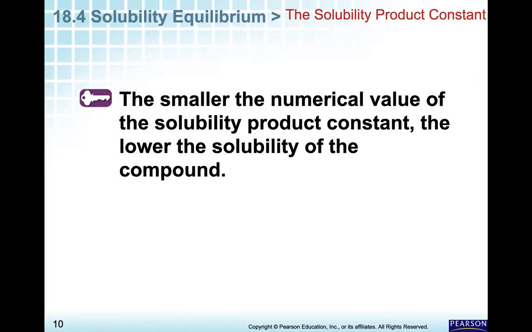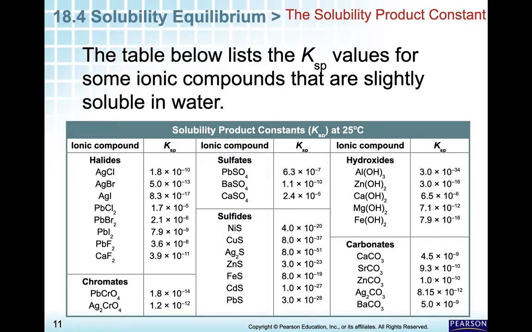The smaller it is, the lower our concentration of products in our solution, and so the lower the solubility of the compound. Here's a table for your reference, just to compare the solubility product constant values for several ionic compounds that are considered slightly soluble to insoluble. And you can just come back if you ever need any of these values.